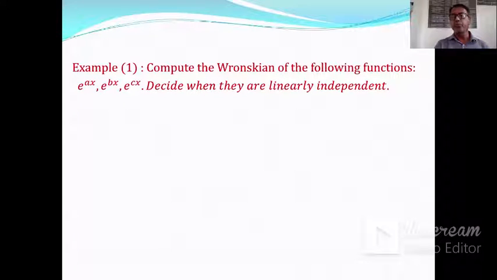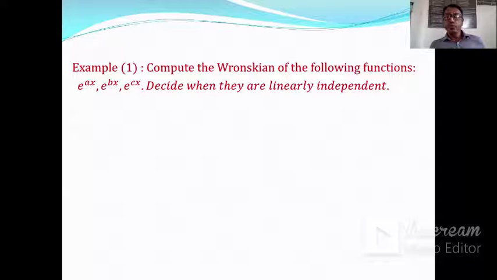Now see the examples based on this Wronskian. Compute the Wronskian of the following functions: e to the power ax, e to the power bx, e to the power cx. Decide when they are linearly dependent and when they are linearly independent.